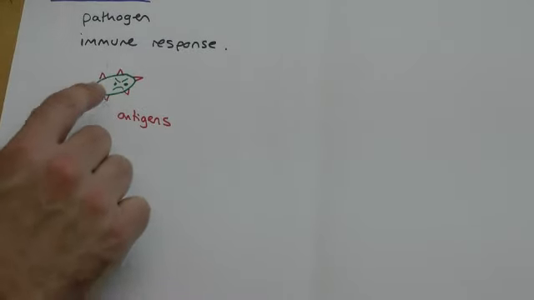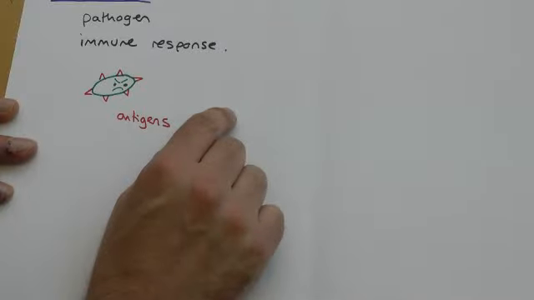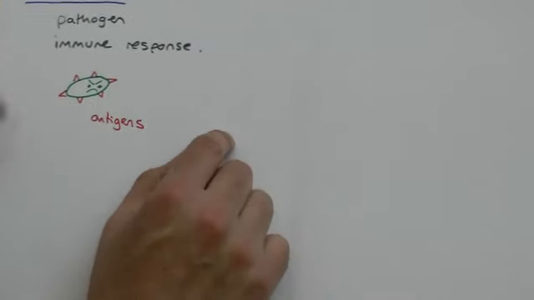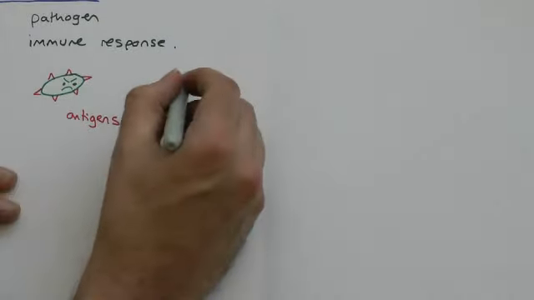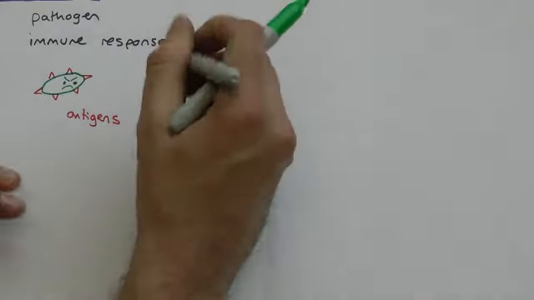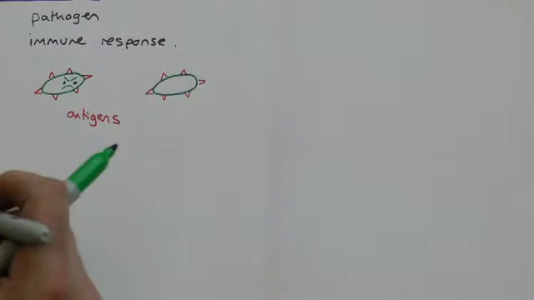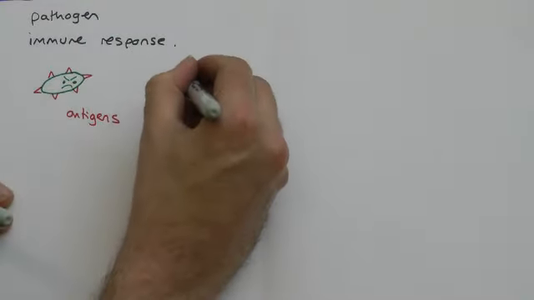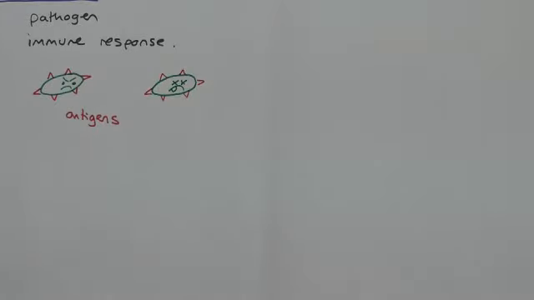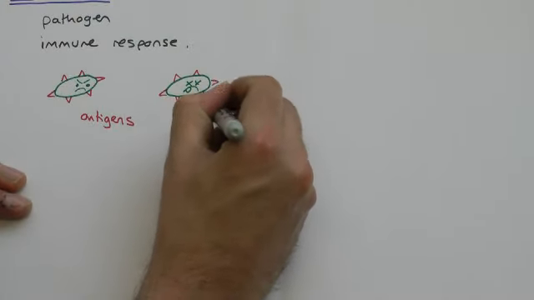Now what we do in the case of vaccinations is we would deliberately infect someone with these pathogens. Now of course the problem is, what if you got really sick? So what would happen is, rather than injecting somebody with the normal live version of the pathogen, you would inject them with a weakened or dead form of the pathogen.